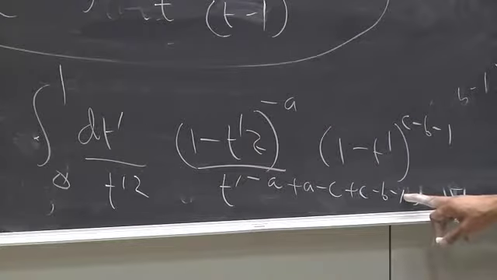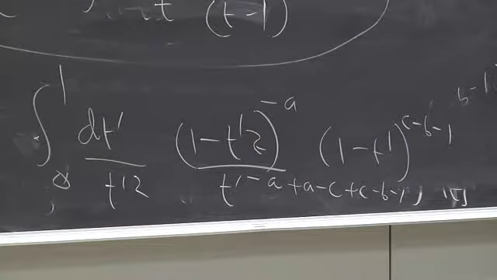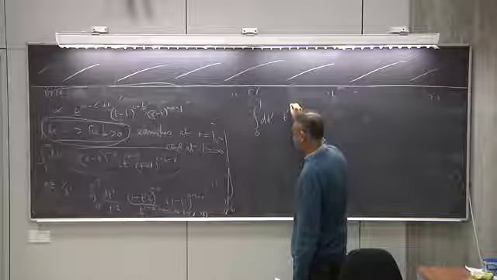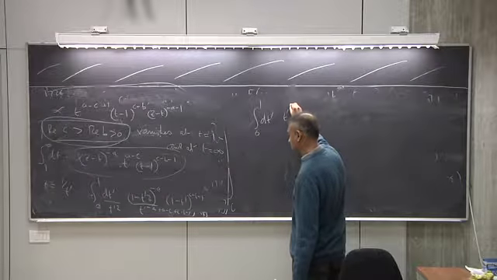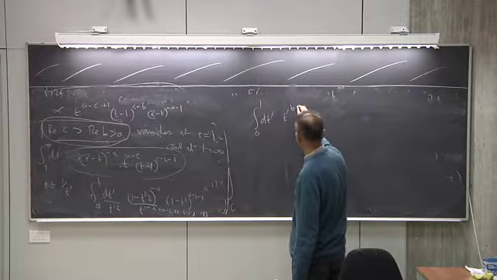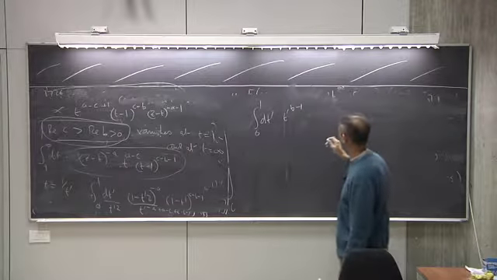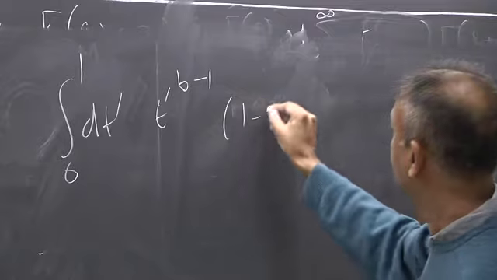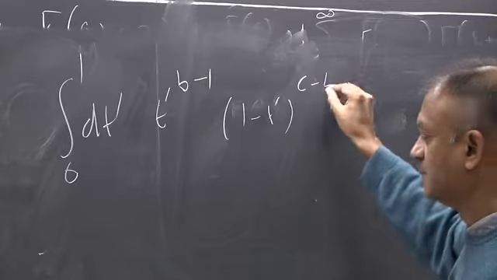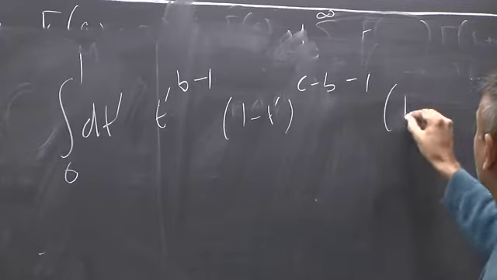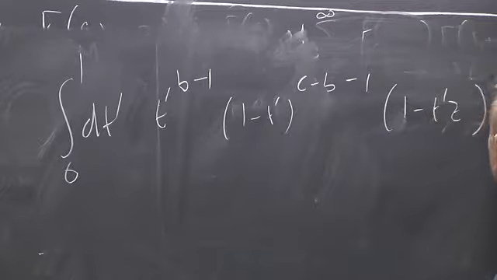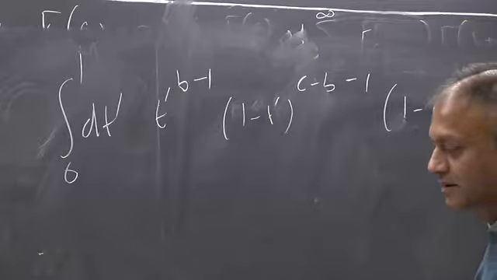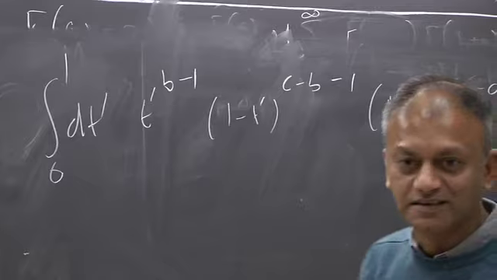So minus b plus 1. So t prime to the b minus 1, right? And then you get here (1 minus t prime) to the c minus b minus 1. And then (1 minus t prime z) to the minus a. Okay, so here is the integral.